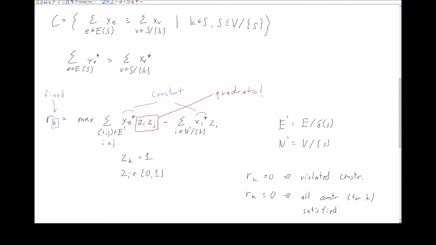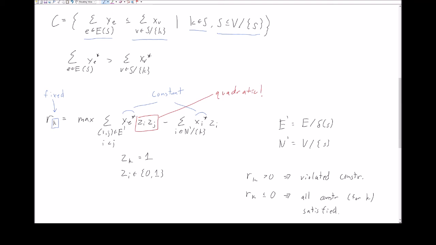To start, we just take note of the fact that our constraints are written so that the sum of the y's is less than or equal to the sum of the xv's, where we've eliminated a particular node k out of a set S that's a subset of our nodes that excludes our start node, s.